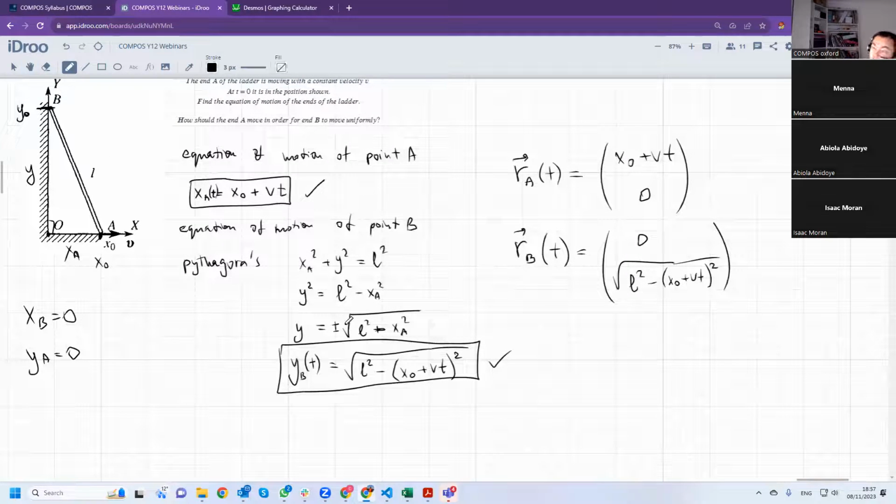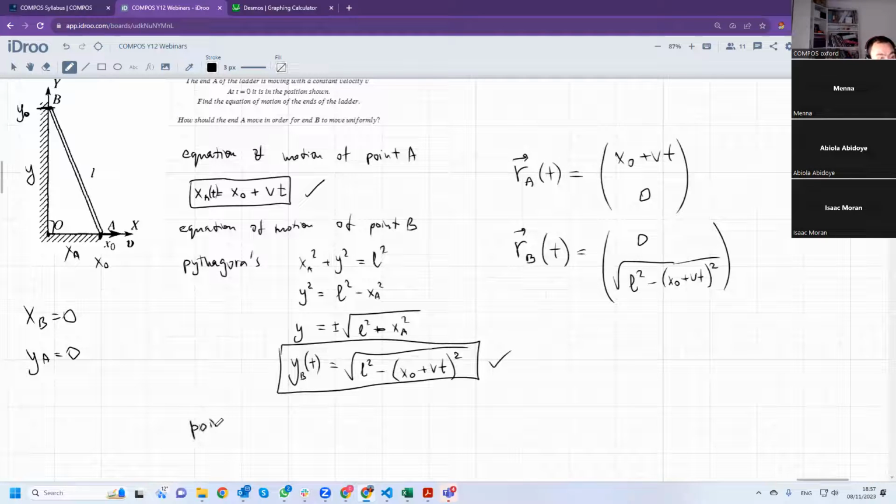A and B signify the ends of the ladder, yes. If you really want to be clever with this question, you would also limit the time, because the model doesn't work forever. It only works for a short period of time while the end is moving.